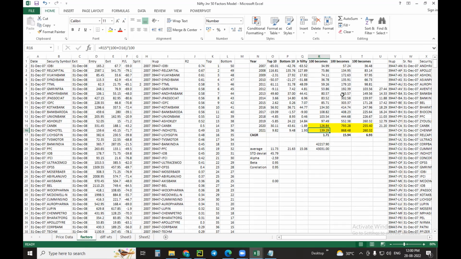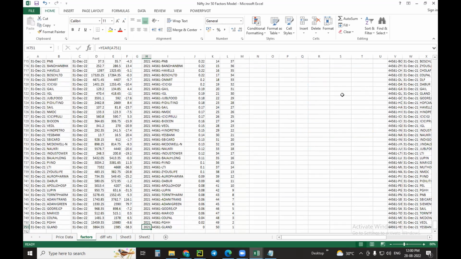So what are the correlated stocks? Low stocks are doing well. Yeah, what are the stocks this year? It picked up Gland. Actually, Gland shouldn't be there. Gland is not a 1 year old company as of 31 December 21. So that's a peculiar case. Somehow it is straight away gone into junior 50 immediately after listing.